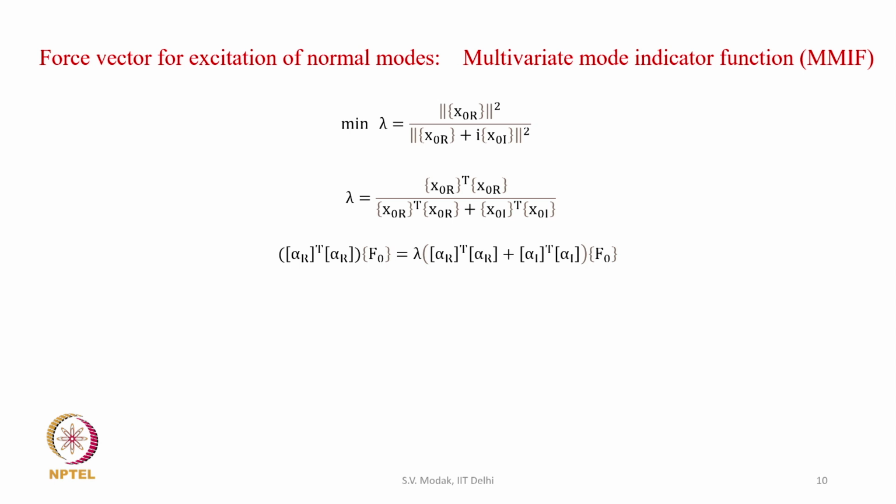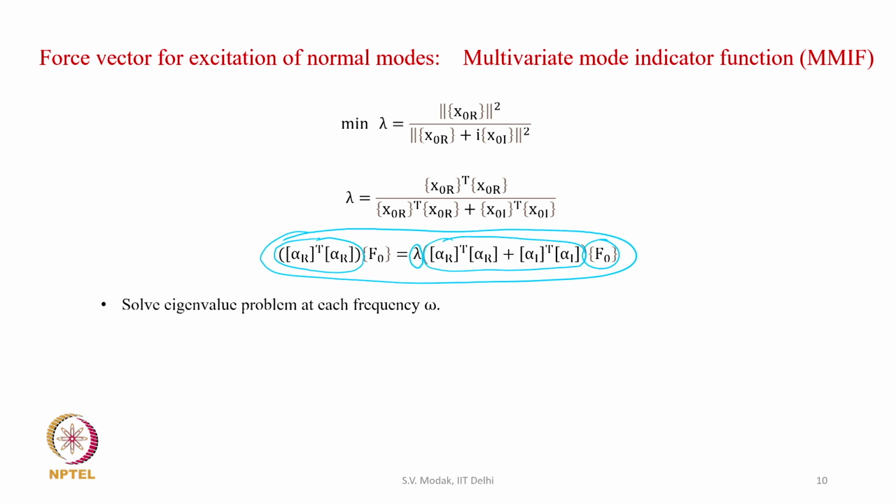Again you see it is in the form of an eigenvalue problem in terms of these two matrices, like this is one matrix and this is another matrix, where lambda is the eigenvalue and f naught is the eigenvector.